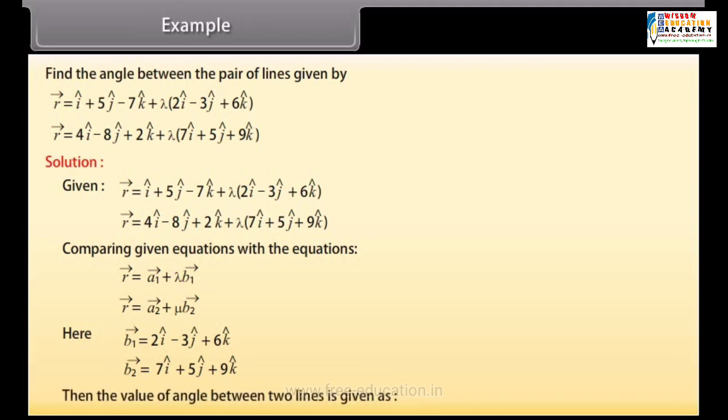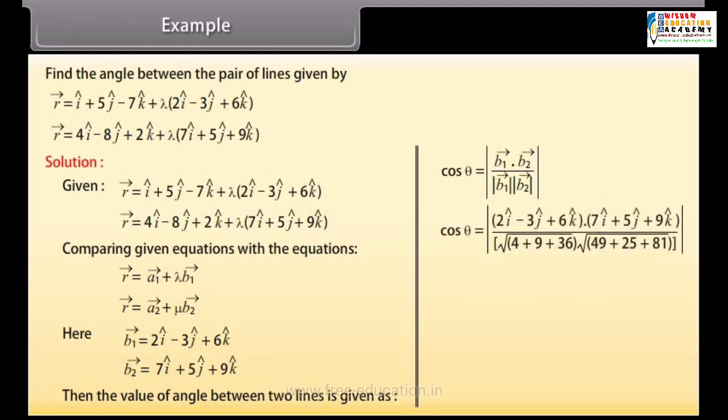Then the value of angle between two lines is given as cos theta equals modulus of (vector b1 dot vector b2) by (modulus of vector b1 into modulus of vector b2). Cos theta equals modulus of dot product of (2 cap i minus 3 cap j plus 6 cap k) and (7 cap i plus 5 cap j plus 9 cap k) divided by square root of (4 plus 9 plus 36) into square root of (49 plus 25 plus 81).